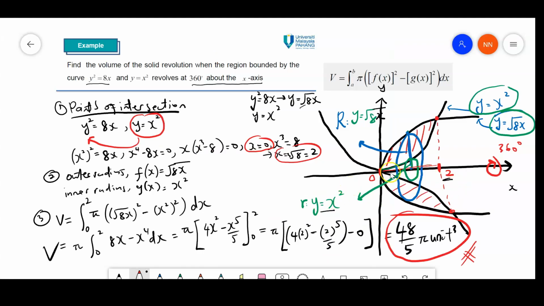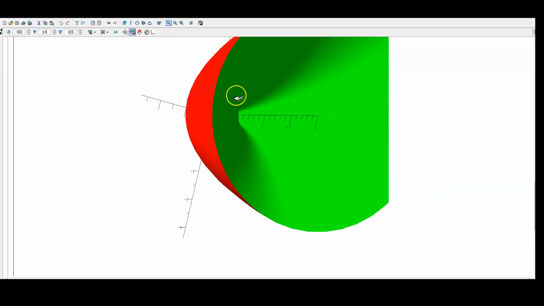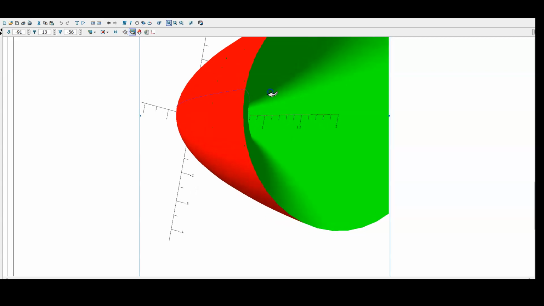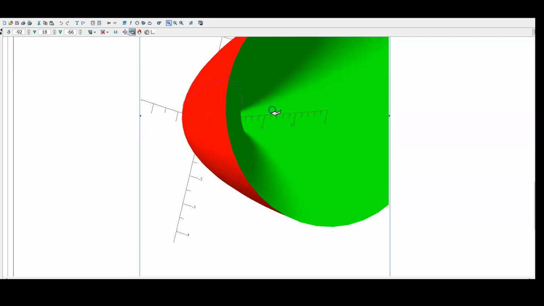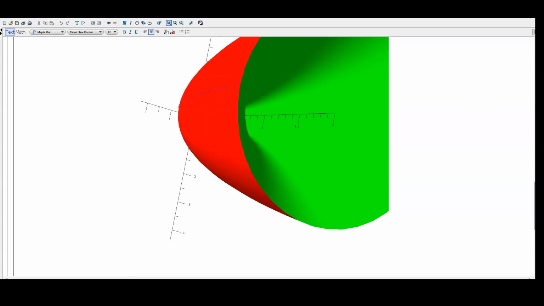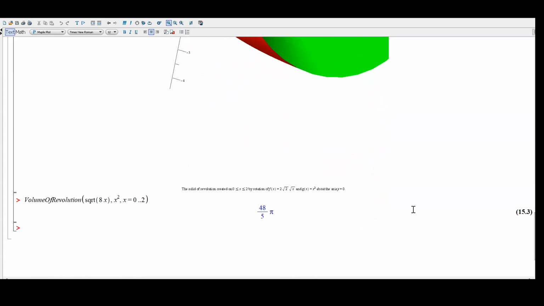Okay, inner function given by your x squared here. Same, you have the inner function parabola here, x squared. Okay, and then the outside here is your square root 8x. Okay, alright, very nice. So if you calculate the volume of revolution as what we did by using the formula, we get 48 over 5 pi unit cube.